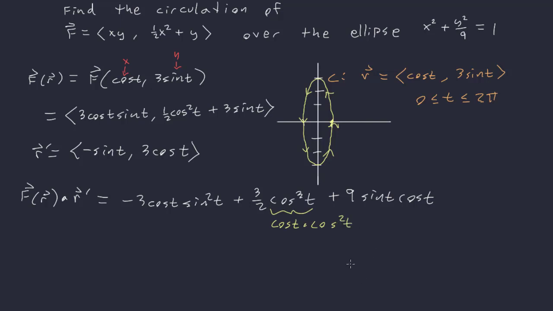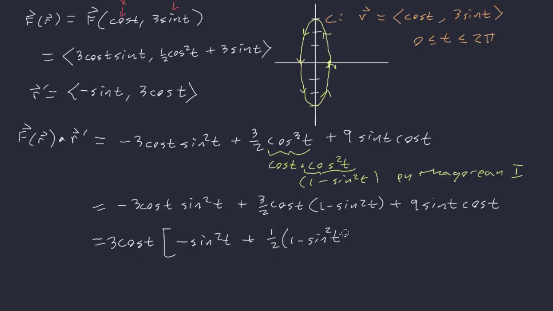Okay, and I'm going to rewrite the cosine squared t as 1 minus sine squared t. This is by the Pythagorean identity. Okay, and so, clean that up a little bit. And then this will be 3 sine t.